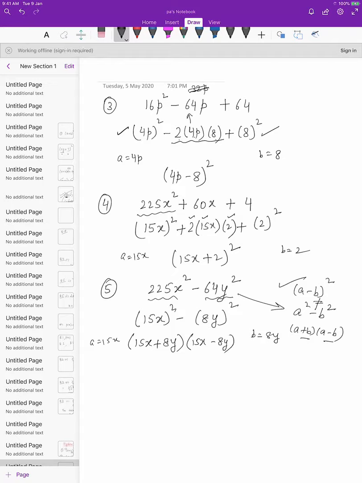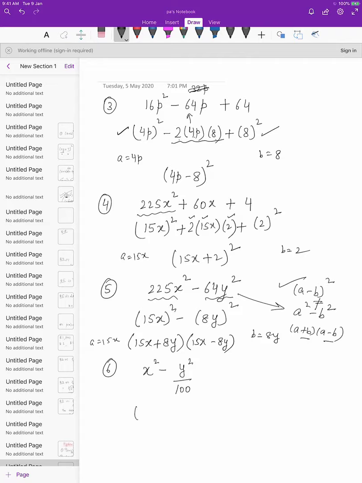Let's take another example based on the same identity. Suppose I write x square minus y square upon 100. Again, this resembles the identity a square minus b square. But first thing is that you must write them in the perfect square form, both the terms.